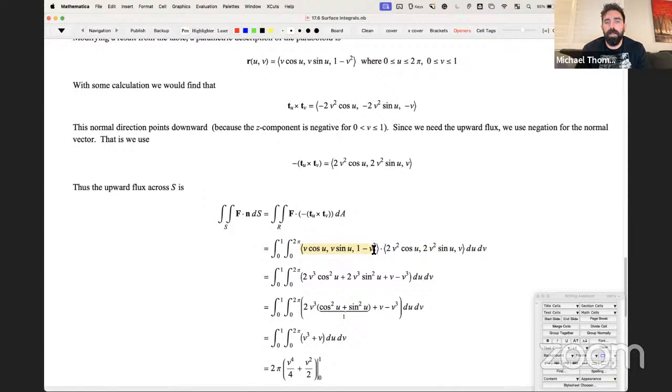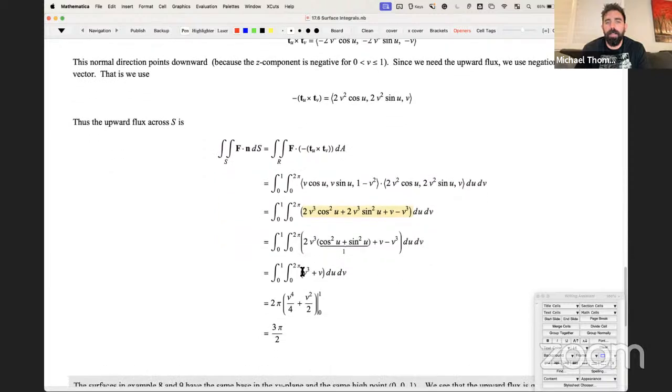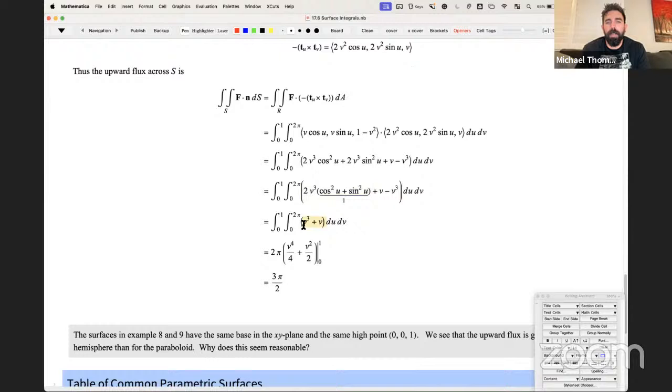There's your vector field on the surface, and there's the negative of T_u cross T_v, and you take the dot product. Surprisingly, stuff simplifies out pretty nicely, and you'll get v cubed plus v, and the rest is a very simple double integral over the region.